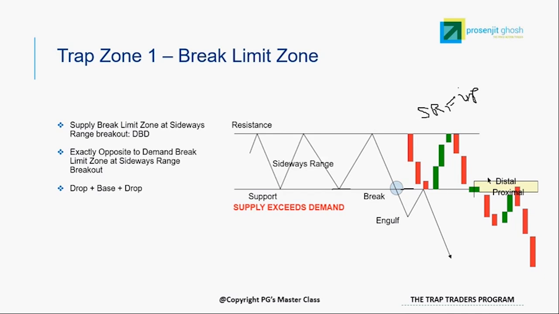a flip, right? So I am creating a flip here, and my expectation at this level is that an SR flip may be created in future because of this break. Okay, and if an SR flip is going to get created, then this is the support line which price will try to touch before going down, because if it doesn't touch it, then the SR flip will not be created, because once a support becomes resistance, that can only happen if the price touches the broken support, or the broken resistance, as the case may be.